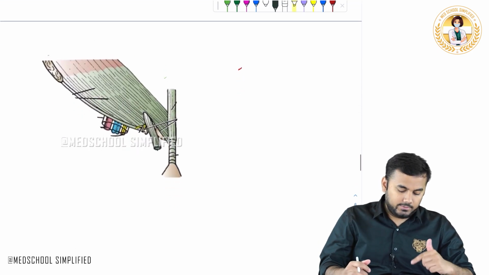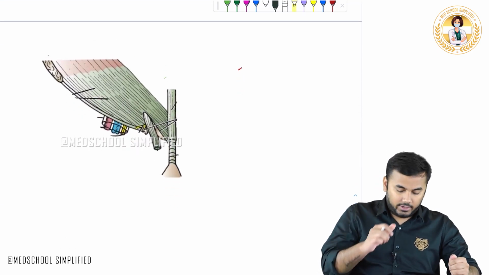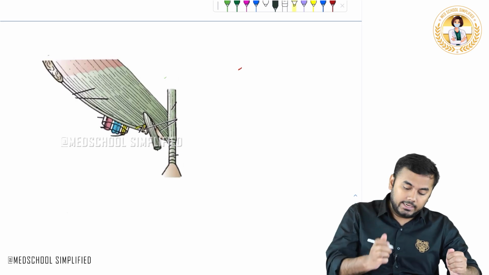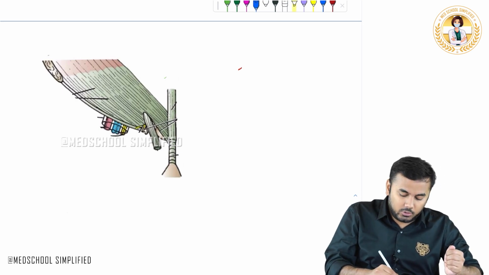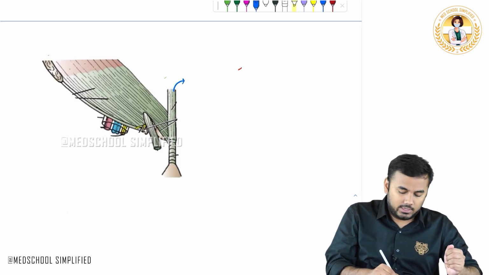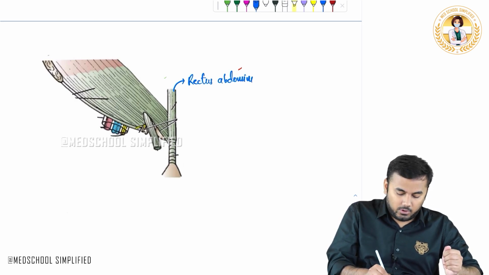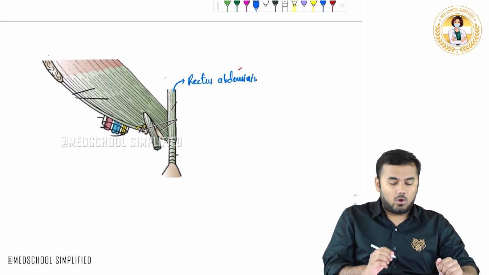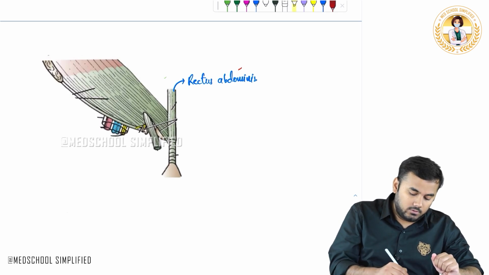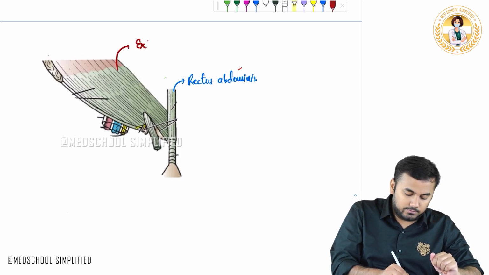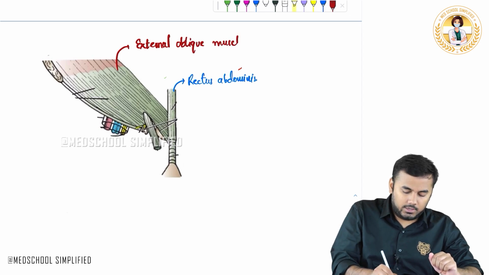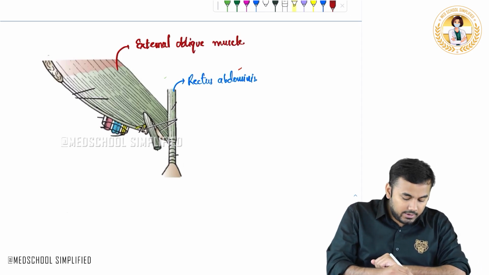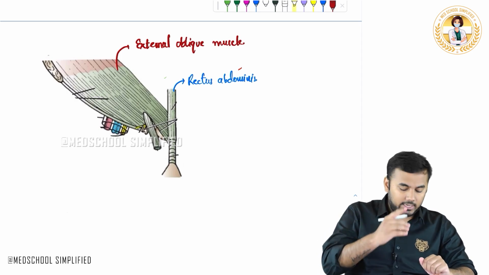Okay, so here in this picture, all of you know that this center one is called your rectus abdominis, and this muscle which you can see here is called the external oblique muscle. If you look at the inferior part of the external oblique muscle, it is folded inside, right?